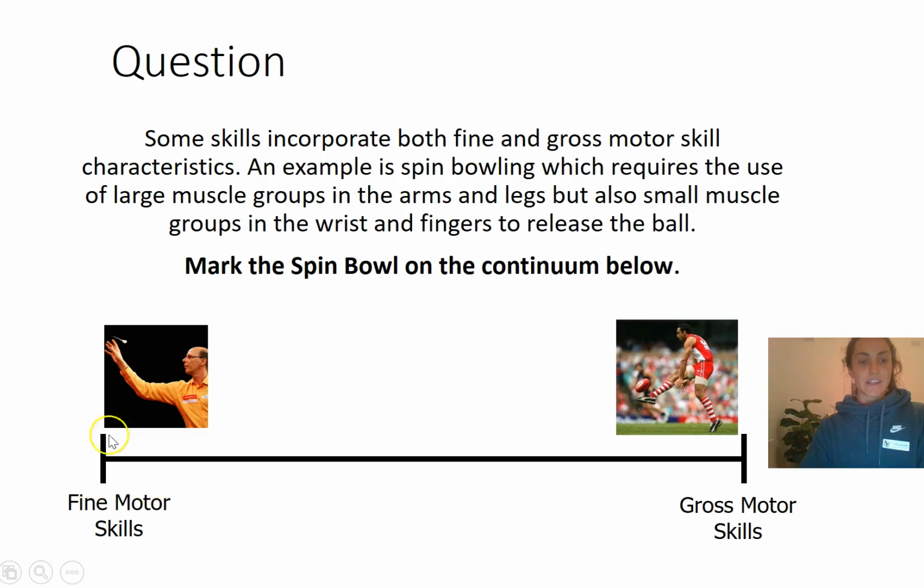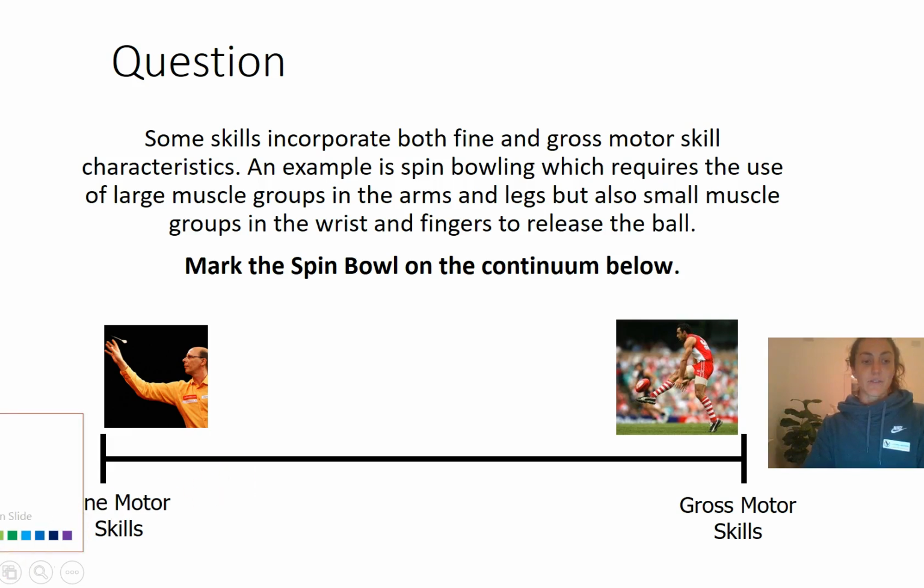So right up this end of the continuum are completely fine motor skills, for example, the act of throwing a dart, okay? And right up the opposite end here, we've got completely gross motor skills. This would be like your swimming and your running. So the act of spin bowling can go somewhere along this continuum.